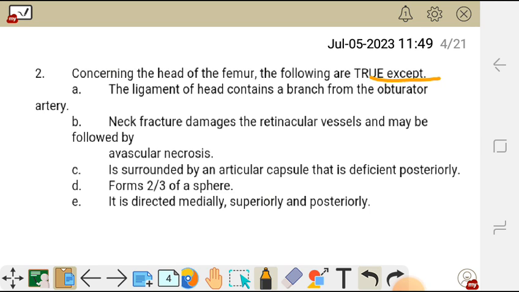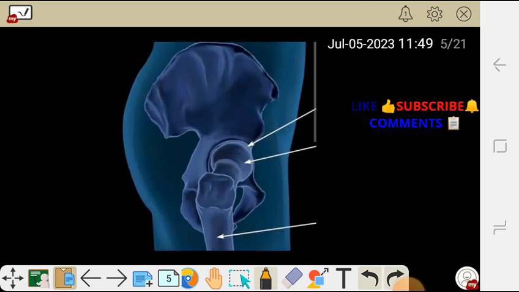So except E. E is false. All of these are true. Why? Because the head of the femur is directed medially, superiorly, and anteriorly, not posteriorly. So in this diagram here, this is the head of the femur forming part of the hip joint.